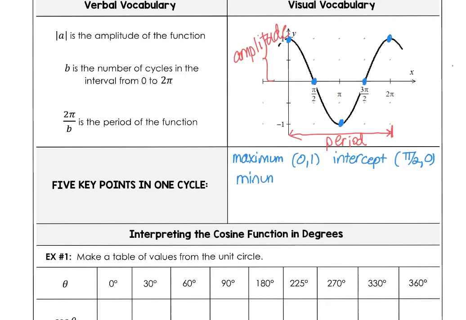That minimum occurs at (pi, -1), and then another intercept at (3 pi over 2, 0), and finally we're going to end with the maximum at (2 pi, 1).